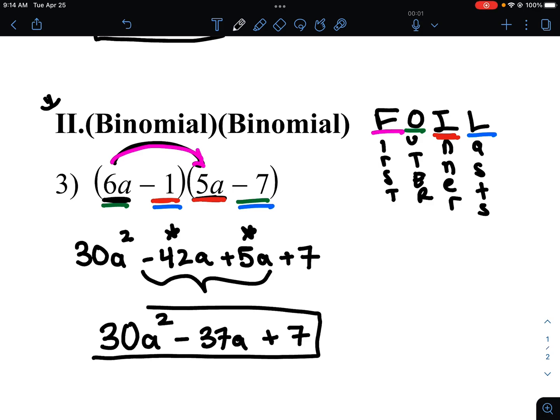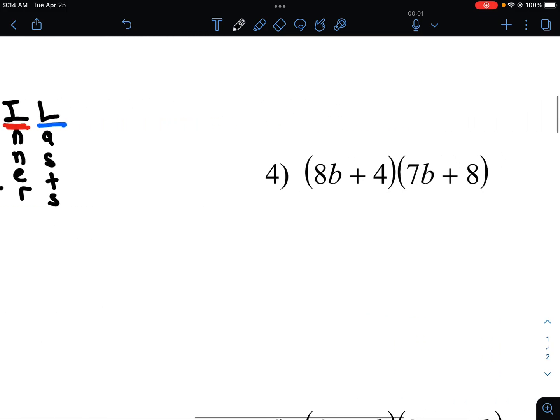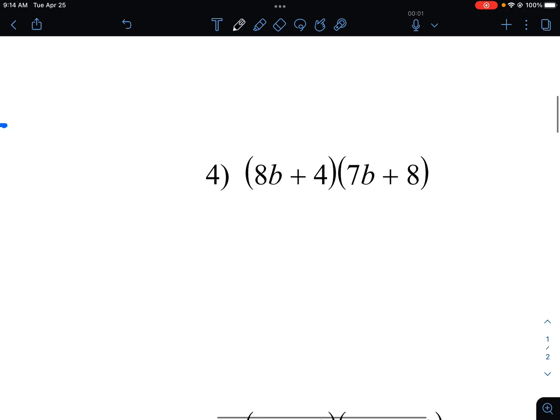There is the final answer. Okay, so FOIL: firsts, outers, inners, and lasts. Really the quickest way to go about it. So practice that one there if you want to pause and try number 4.